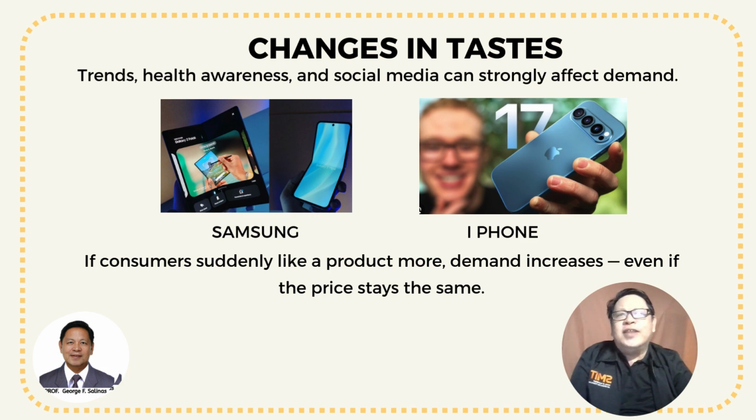When consumers suddenly develop a stronger preference for a product, the entire demand curve shifts to the right, indicating that at any given price point, a larger quantity is demanded than before. The perfect example is the iPhone. There is a great demand in spite of the high price compared to other leading phones.